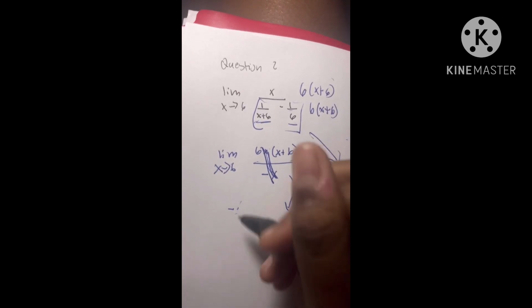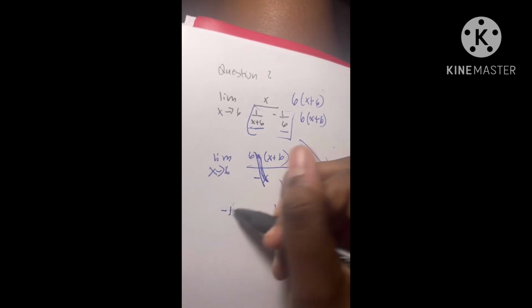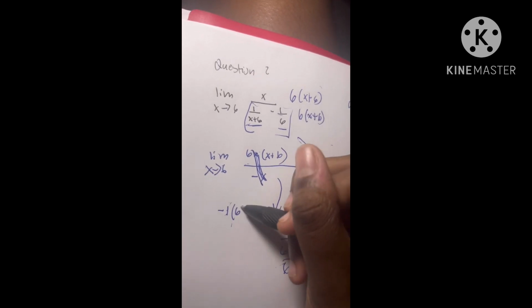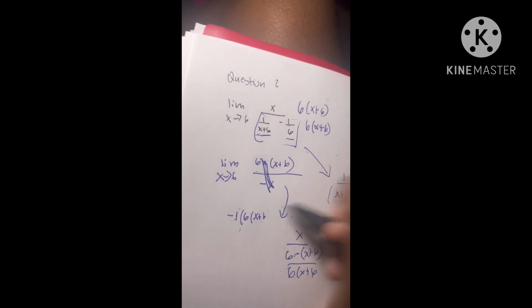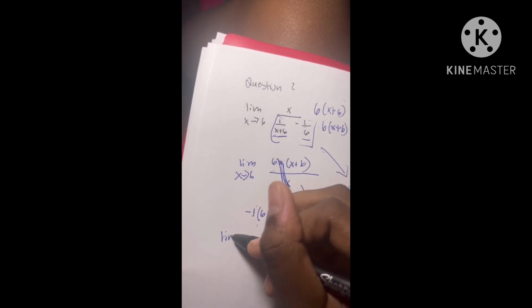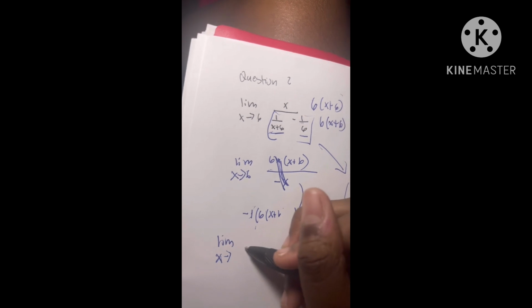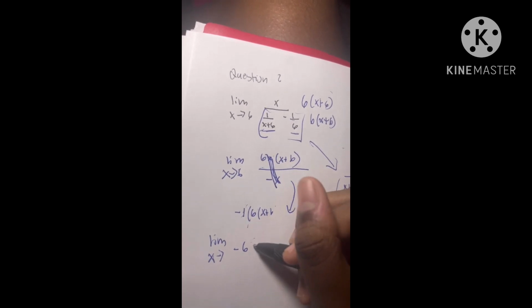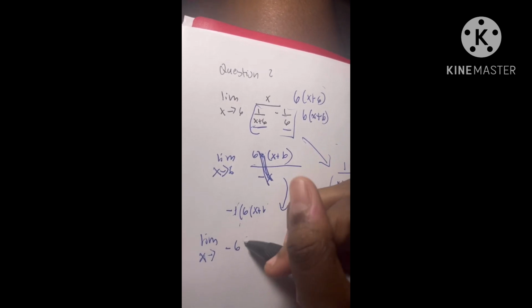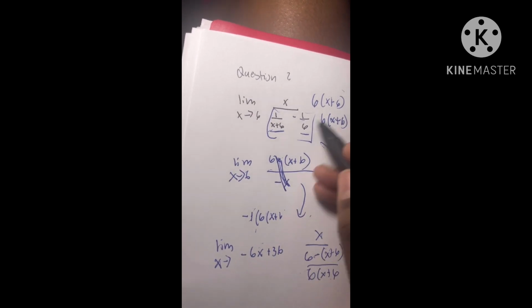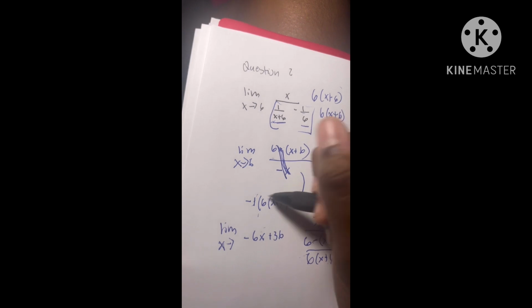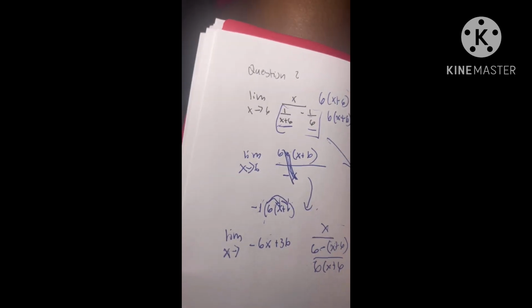Well, it's just a negative in front, but I like to say negative 1 times 6 in parentheses x plus 6, which will ultimately be, as the limit approaches 6, negative 6x plus 36, because I distribute the numbers out.